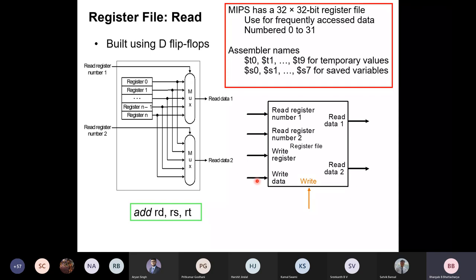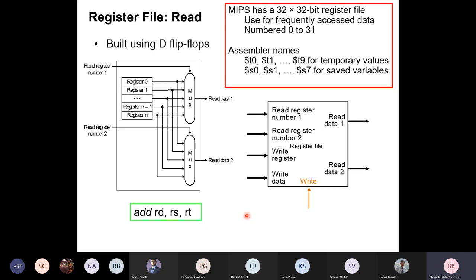This is 32-bit because 32-bit data will arrive here, and the write register is some kind of enabling line, and the read data is available here. These lines are 32-bit wide buses. The whole thing is represented by this box, the register file. Inside there are 32 registers, each 32-bit wide, numbered from 0 to 31, as you know, in MIPS.